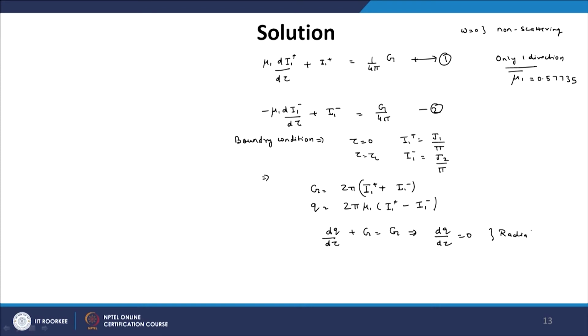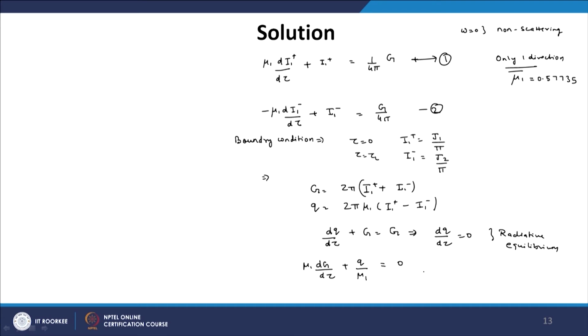This is a redundant equation because it reiterates the statement of the problem, that is radiative equilibrium, so this equation is of no use. The second equation can be written as mu 1 dg by d tau plus q by mu 1 is equal to 0. So, this is our second equation.